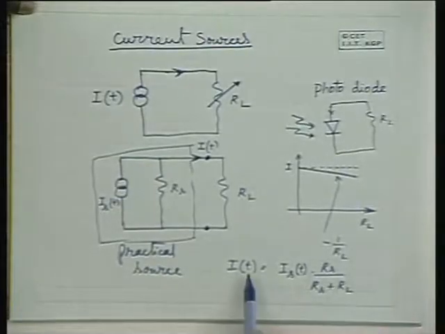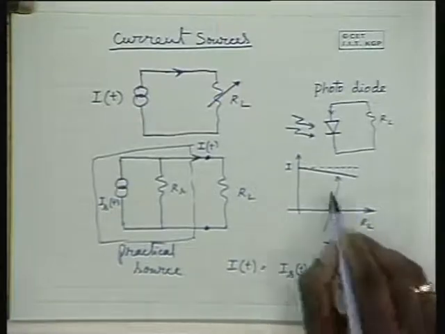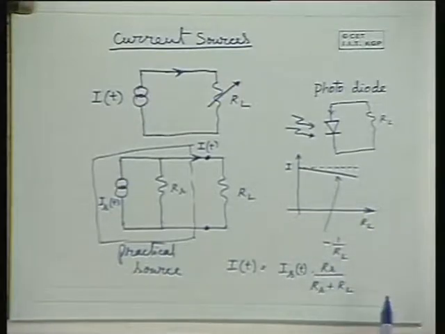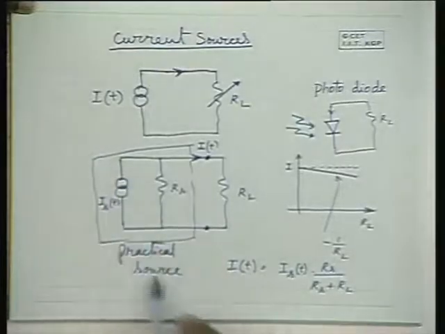So IT is inversely proportional to RL here; with increased RL, IT decreases. Therefore, this kind of characteristic can be obtained in this fashion. To get this kind of characteristic, you can use this kind of model for a practical source.